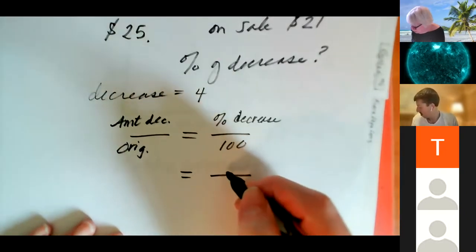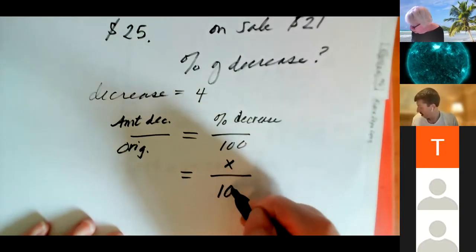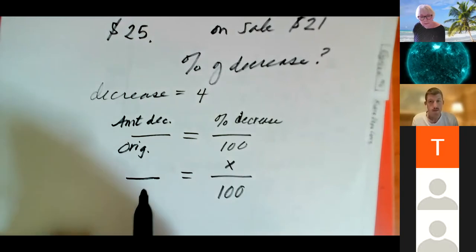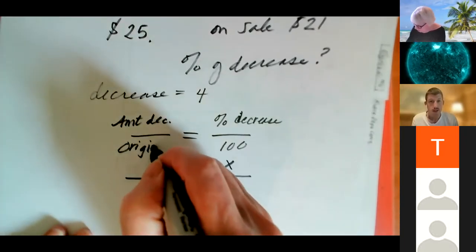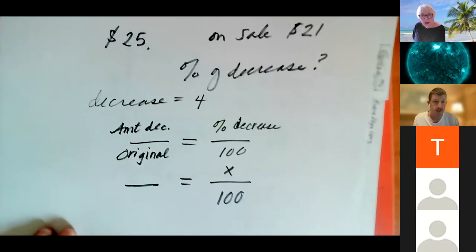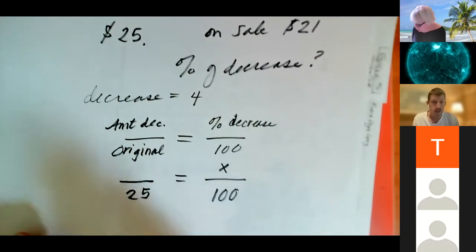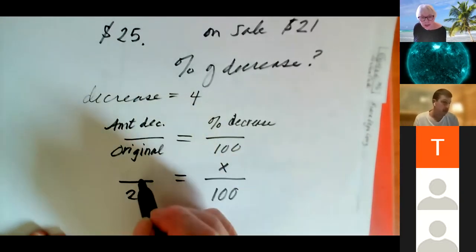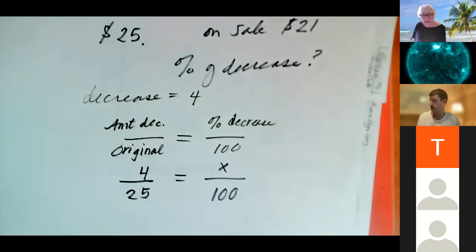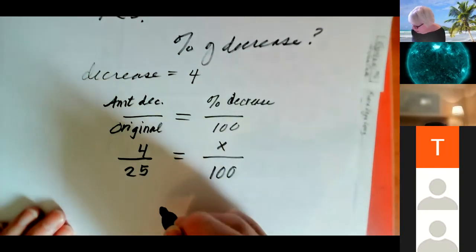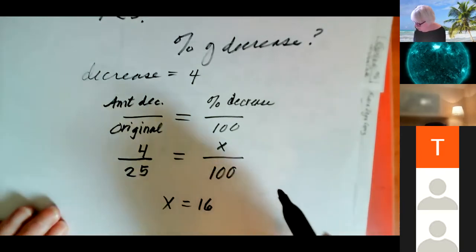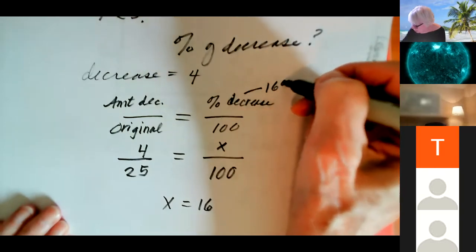So this is X over 100. Did we have the original amount? Yes, 25. That's the original amount. And so if this is the percent of decrease, this has got to be the amount. We have to put 4 here. Now, when we multiply this out, it comes out 16. That means the percent of decrease was 16%.